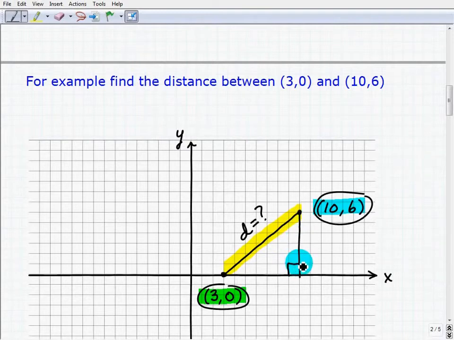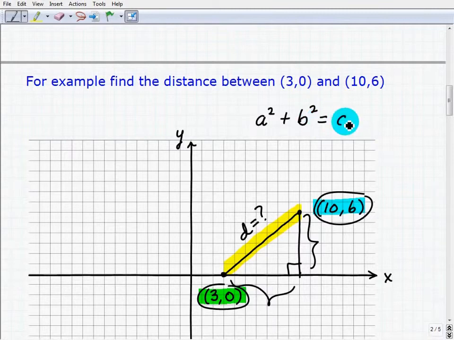I'm forming a triangle, and I'm actually forming a right triangle. The distance you see here is really the hypotenuse of this right triangle, correct? So if I knew this distance and this distance, I could use the Pythagorean theorem, a squared plus b squared equals c squared, to find this distance, or actually the distance c, which would be the hypotenuse.